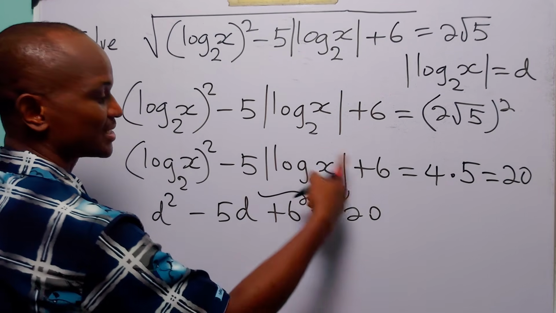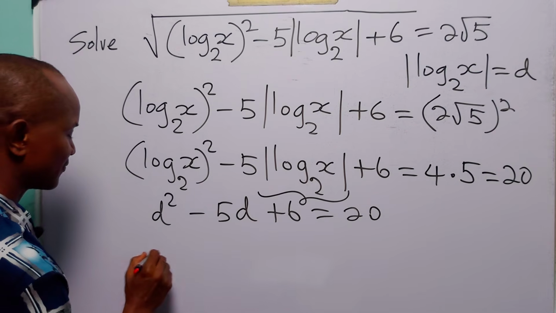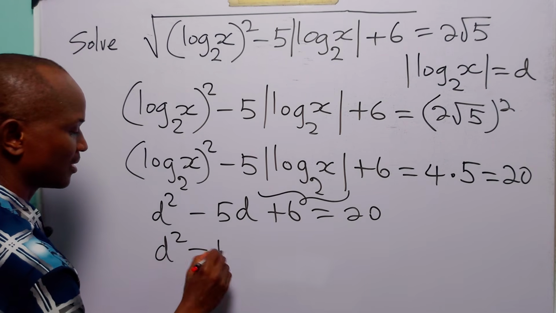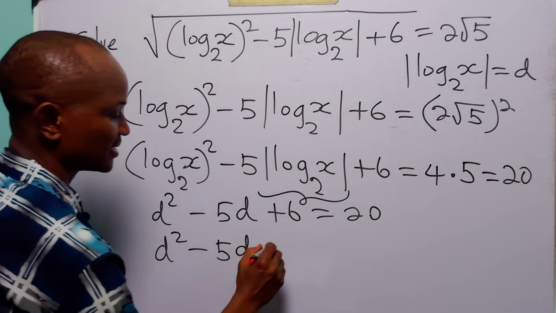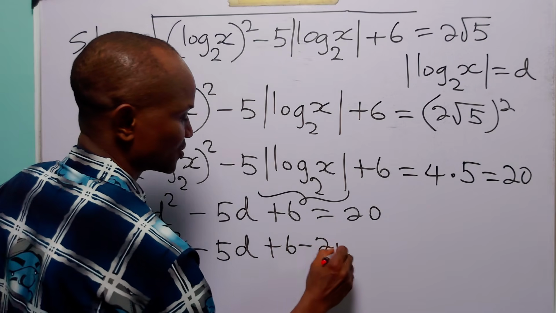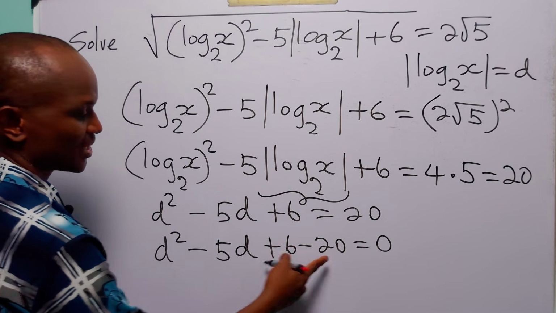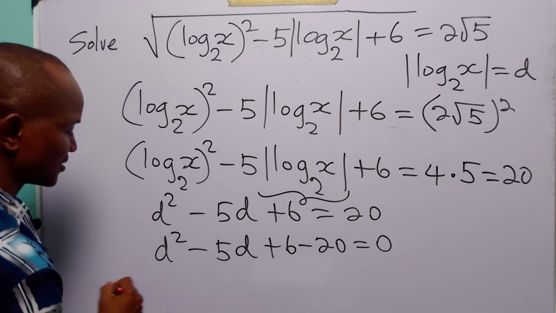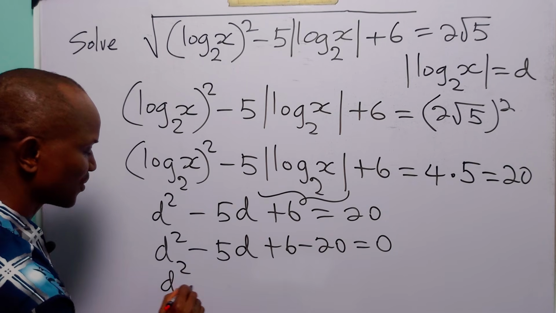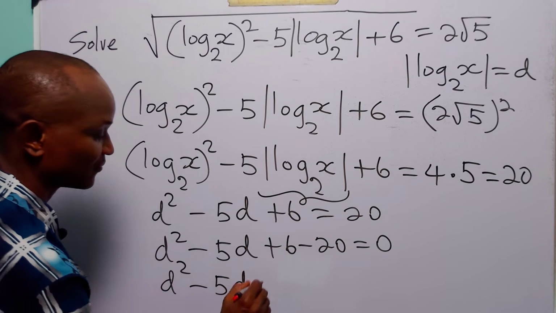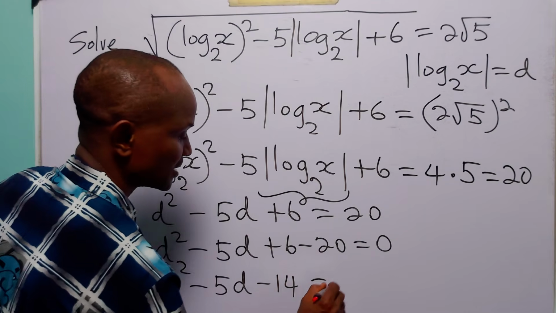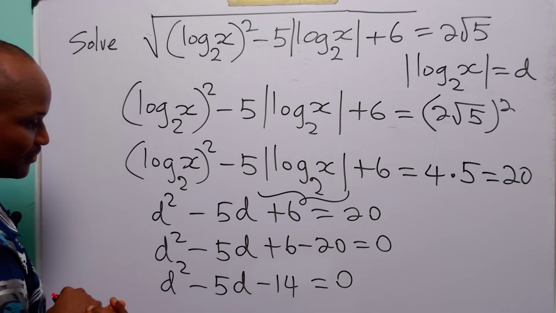Now, when we move 20 over to the left, we have d squared minus 5d plus 6 minus 20 is equal to 0. Now, 6 minus 20 is minus 14. So we have d squared minus 5d minus 14 is equal to 0.